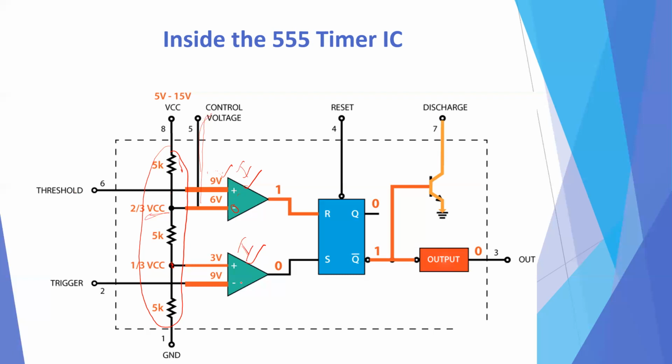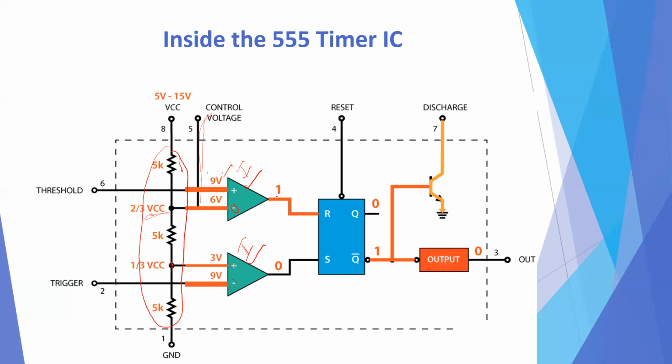In the second comparator, the negative pin is connected to the trigger, and the positive pin is connected to the 1/3 of supply voltage VCC from the voltage divider network. So using these pins, the threshold value and the control voltage value, the threshold comparator will produce the output.